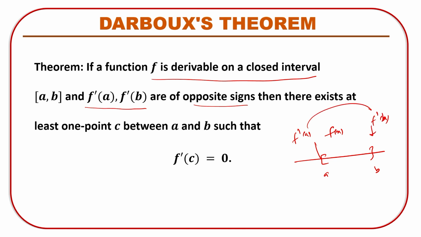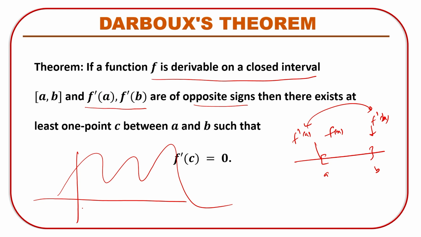It is not the same sign, but opposite signs. So, when you have opposite signs of f dash of a and f dash of b, then there must exist some point C. As you can see, if I have something like this, this is the point A and this is the point B, right.